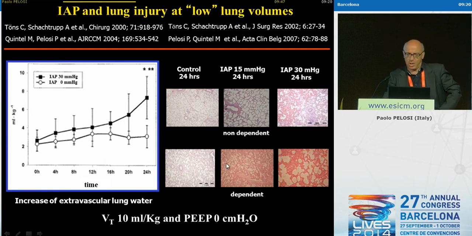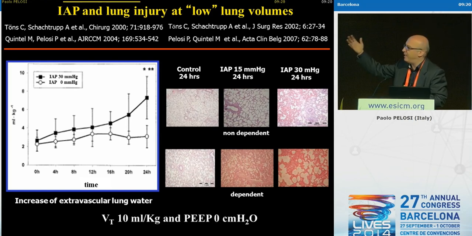And these are histological images at 24 hours in control, in non-dependent and dependent regions, at 24 hours with 15 millimeters of mercury or 30 millimeters of mercury of intra-abdominal pressure. You see that a normal lung, after a few hours, in conditions with higher intra-abdominal pressure, develops a sort of lung injury.